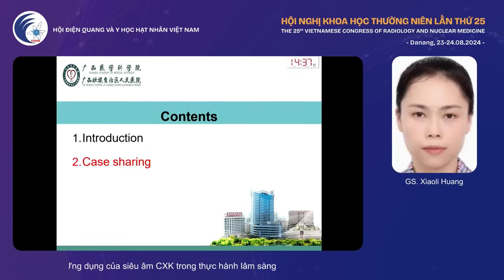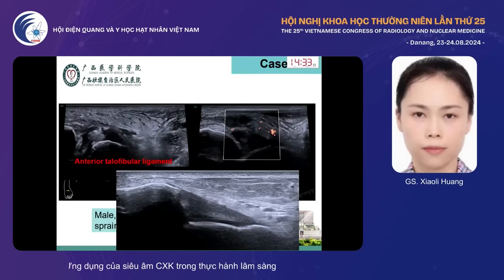Now we move on to the second part of the content, case sharing. Case 1. Male, 43 years old. The patient has had a sprained left foot for several days. From the two images, we can see that the anterior talofibular ligament is swollen with discontinuity.